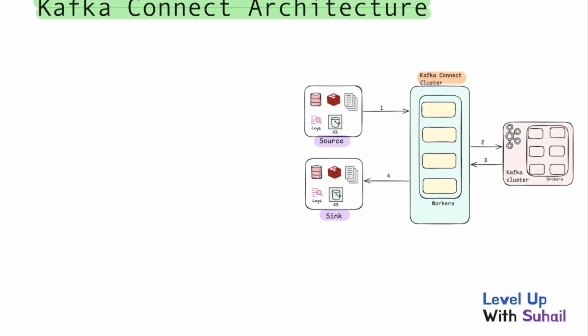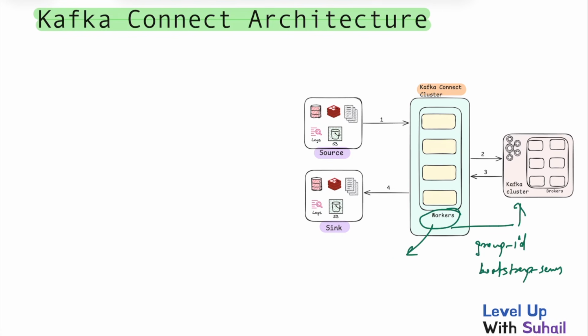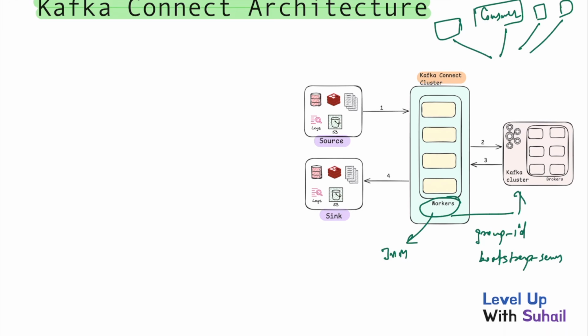What happens is, as and when workers start, they have to connect with the Kafka cluster, so they have to provide a group ID and also the bootstrap server. It's a simple JVM process, and you can imagine it like a consumer. There could be multiple consumers, 1, 2, 3, 4, and every consumer has the same group ID and has to connect to topics.